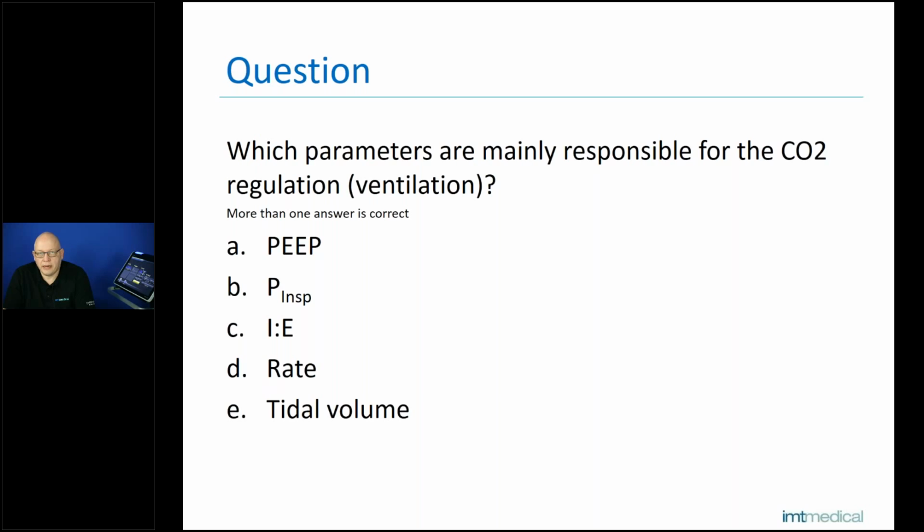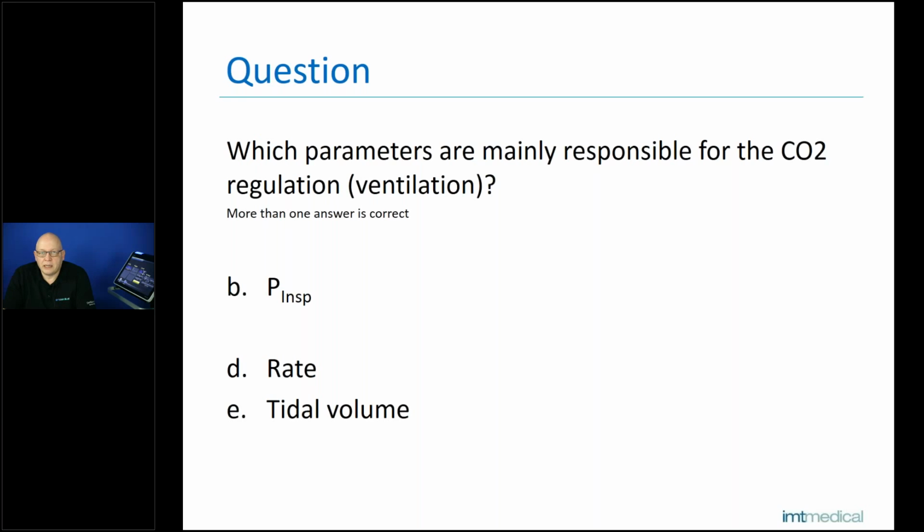If you set and increase the PEEP, the patient will change mainly his oxygenation. The same with the I/E ratio. If you change the I/E ratio, mainly the oxygenation of the patient will change. Of course, in certain conditions with the I/E ratio, sometimes the CO2 is a bit involved, but not mainly.